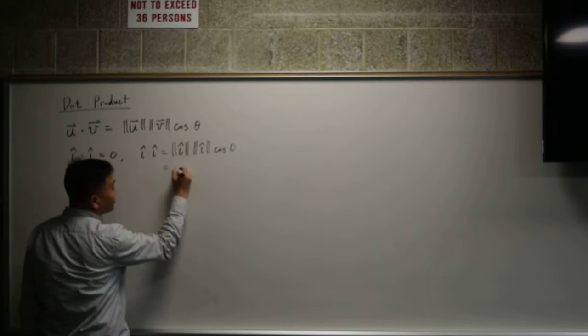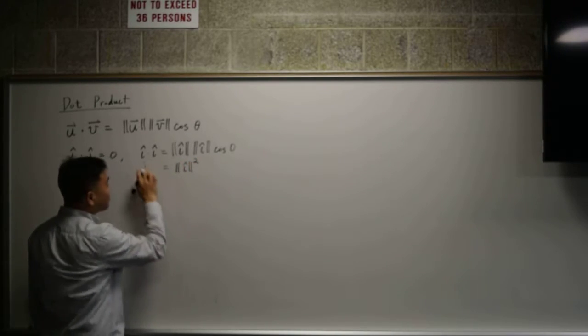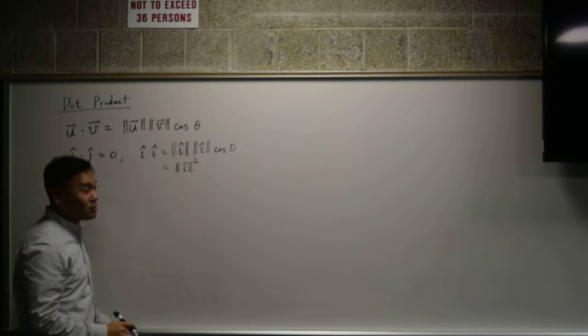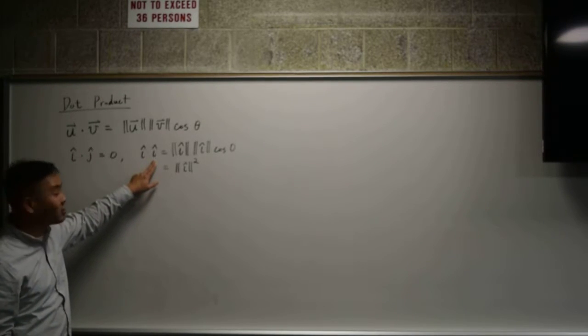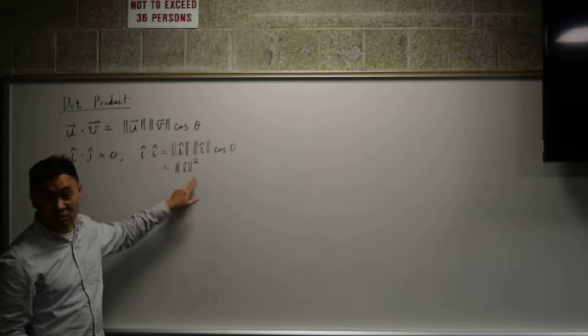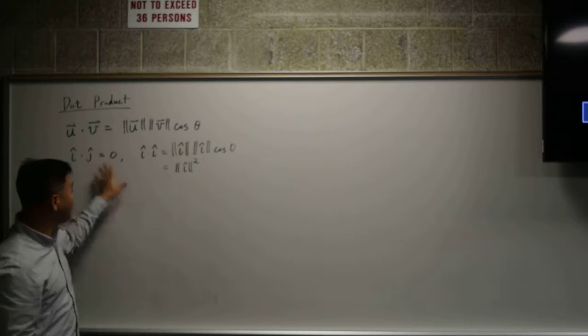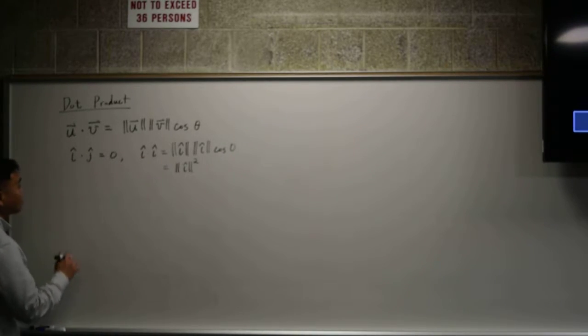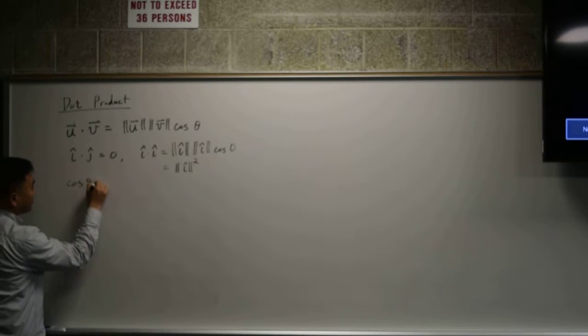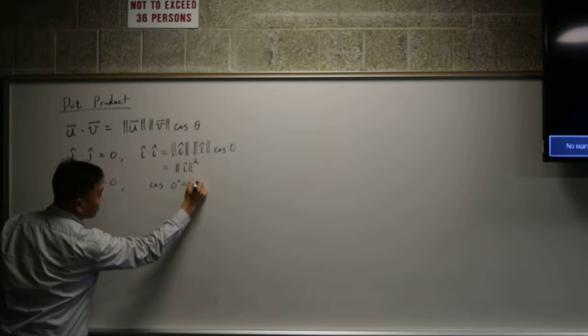So that implies that you end up with the norm squared. And that's true for any vector. If you have any vector dotted with itself, it will be the norm of that vector squared, the magnitude of that vector squared, because cosine 0 is 1. So these two are direct consequences of the fact that cosine 90 degrees is 0 and cosine 0 degrees is 1.